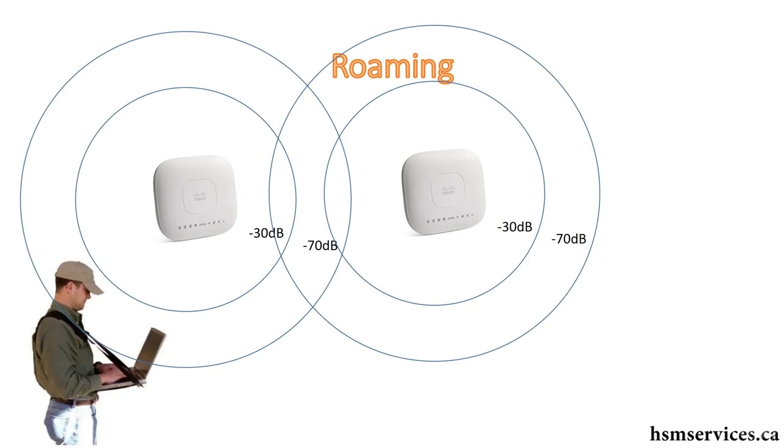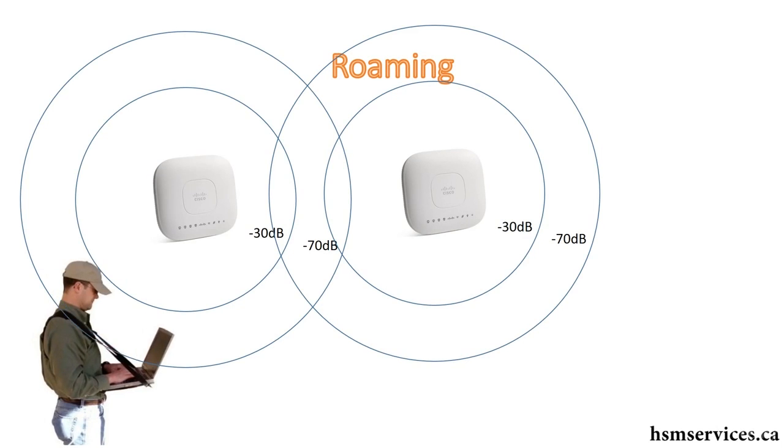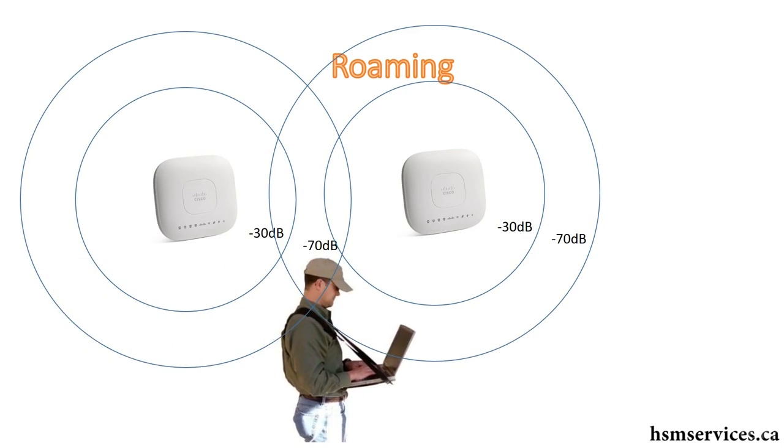And what I mean by that, this guy doesn't have a phone, but he's connected to our first access point here. And if he decides to take a walk, he ends up here, and now he disconnects from the first access point, and his laptop connects to the second access point.